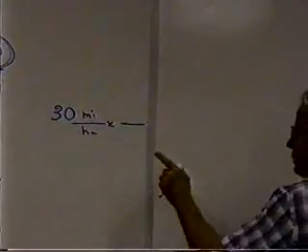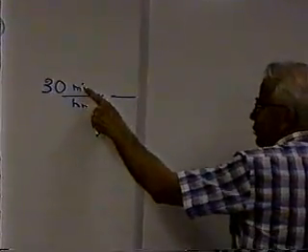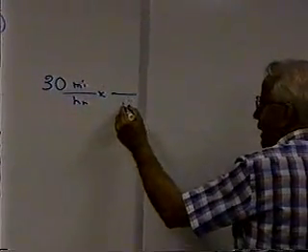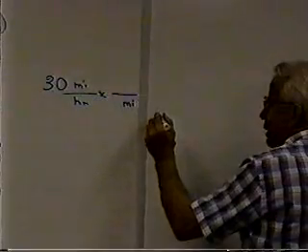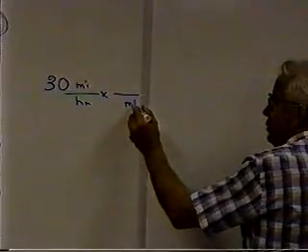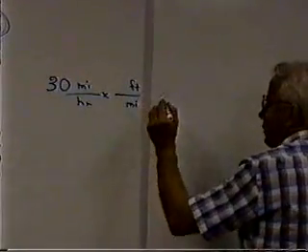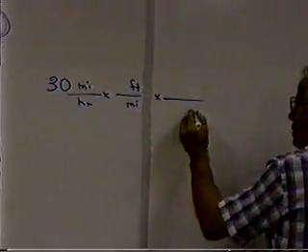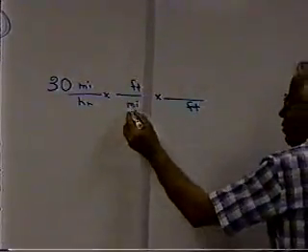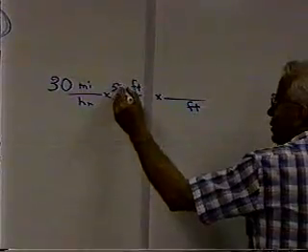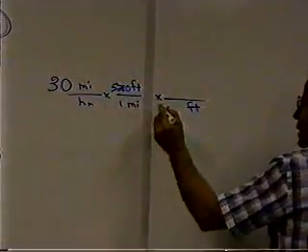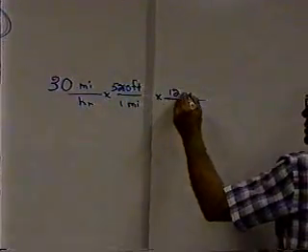Now, we want to get rid of miles, so we put miles on bottom, and on the top, I don't know how many inches there are in a mile, but I do know how many feet there are, so I'll take 2 steps. I'll say, okay, 1 mile is 5,280 feet, and 1 foot is 12 inches.